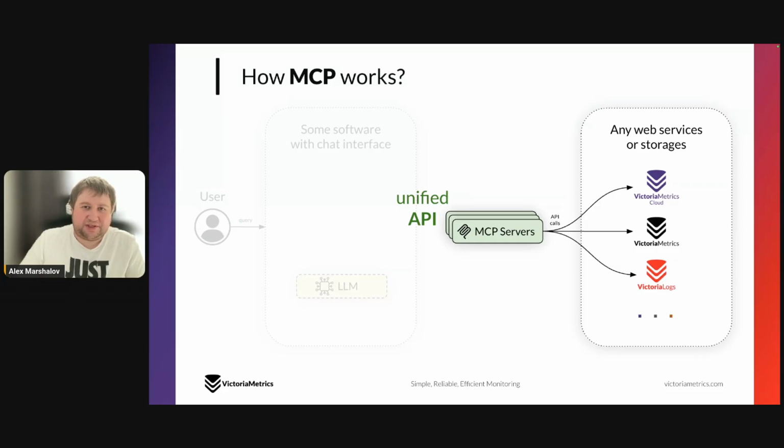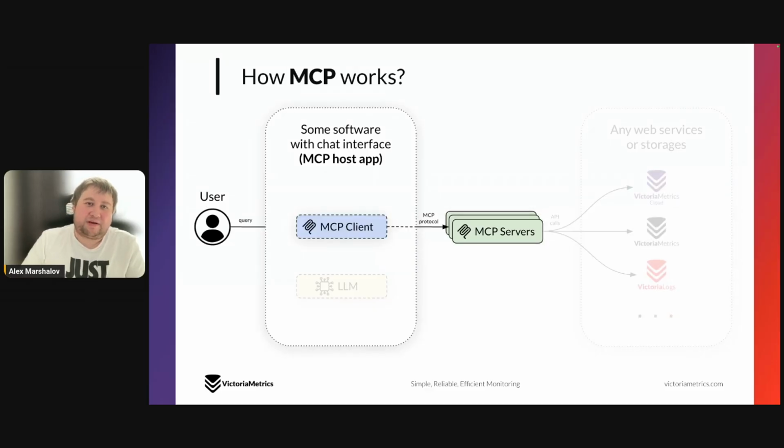That's why I pointed out earlier that in the acronym MCP, the main word is protocol. This means that any MCP server can be interacted with in a uniform manner. So your client should somehow be able to interact with MCP servers.